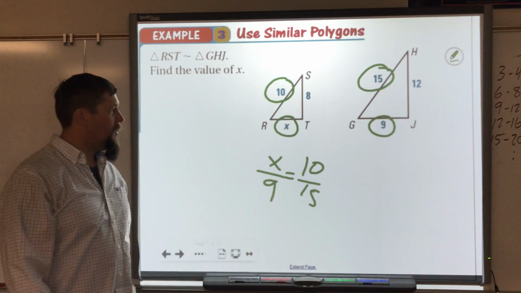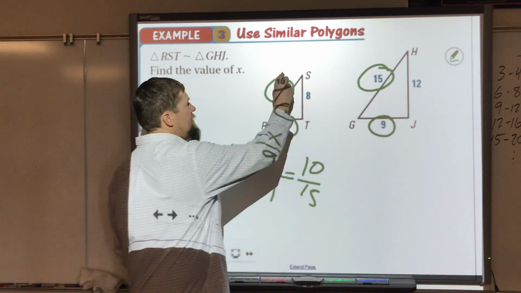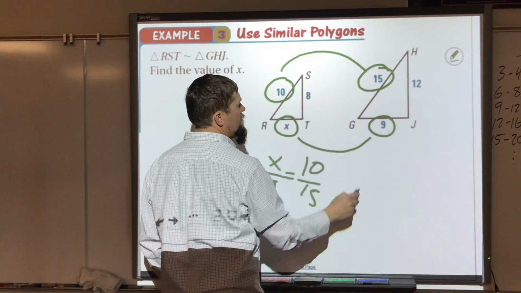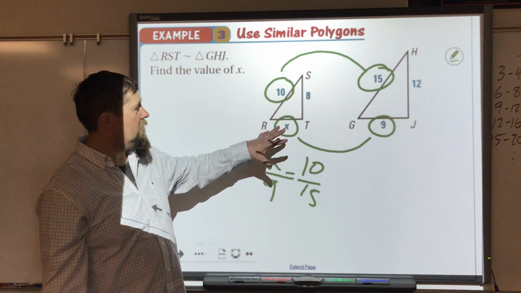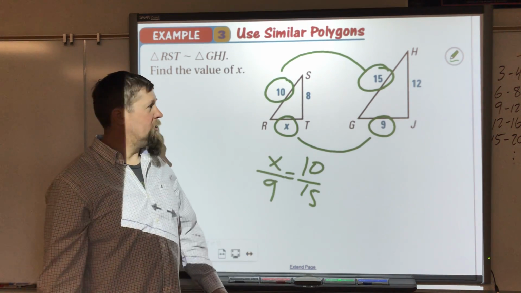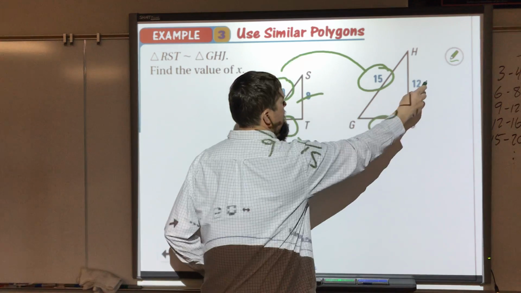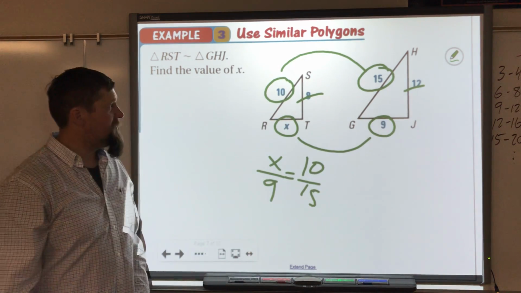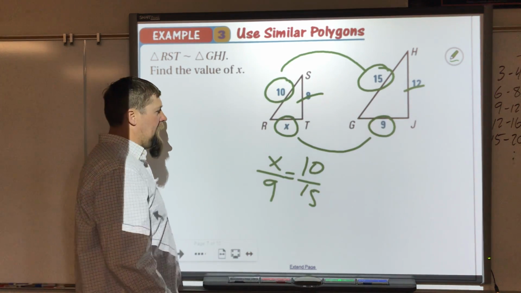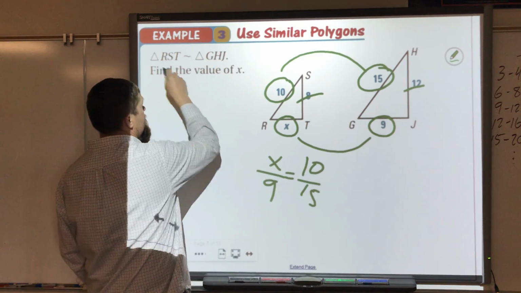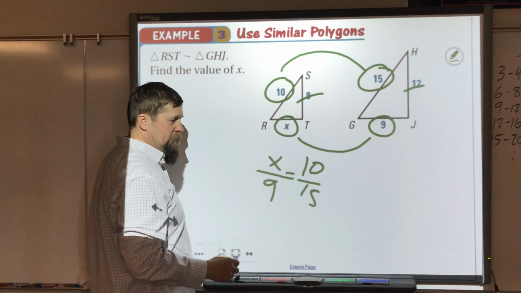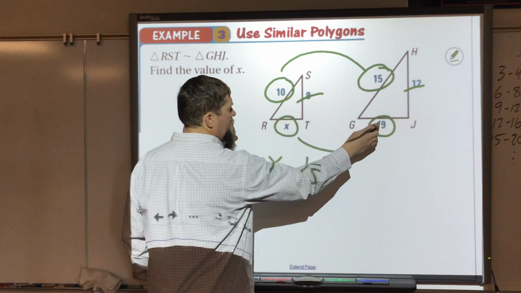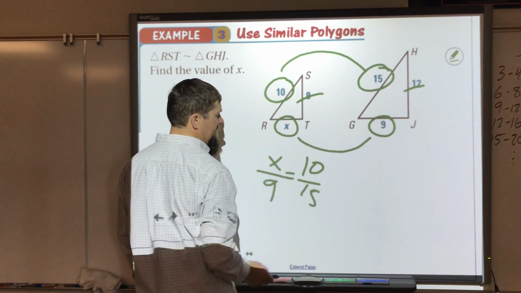Since these two compare and these two compare, I can use those to make a proportion. I actually don't even need the 8 and 12. Since they tell you they're similar, these ratios should be equal. X over 9 should be the same as 10 over 15.